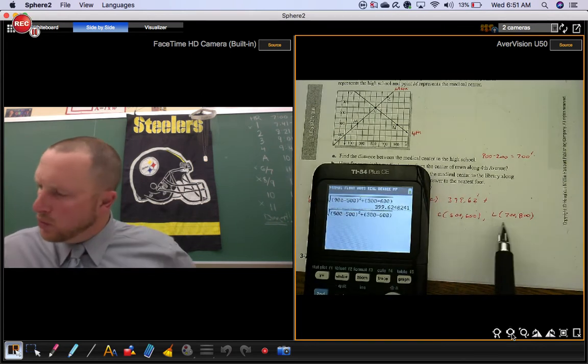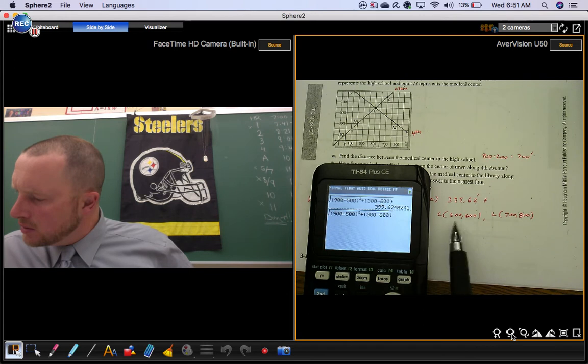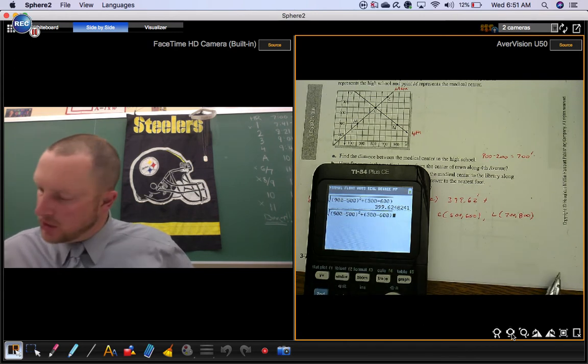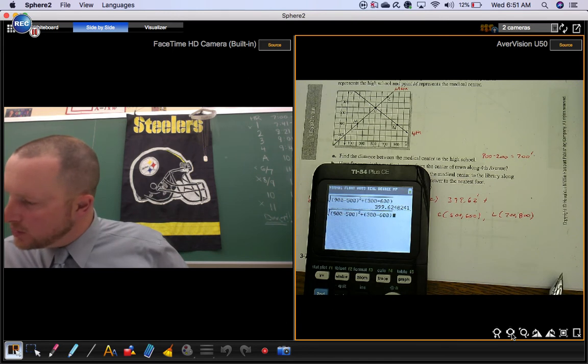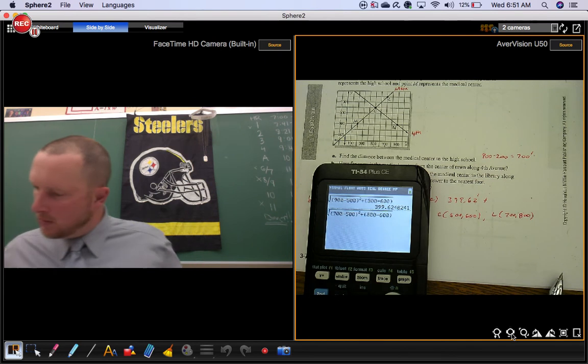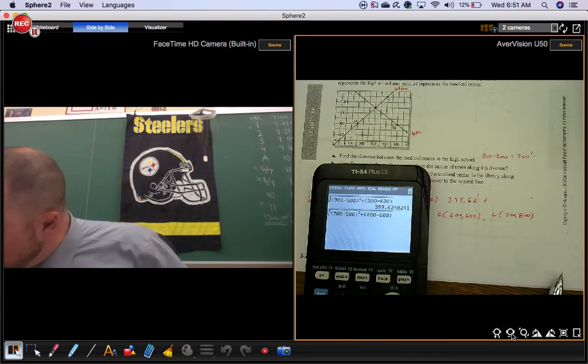I already have my coordinates for the center of town in as 500 and 600, so I don't need to change those. What I need to change would be the library. So I need to change this to a 700, and I need to change this to an 800. That way I don't have to type everything in again.